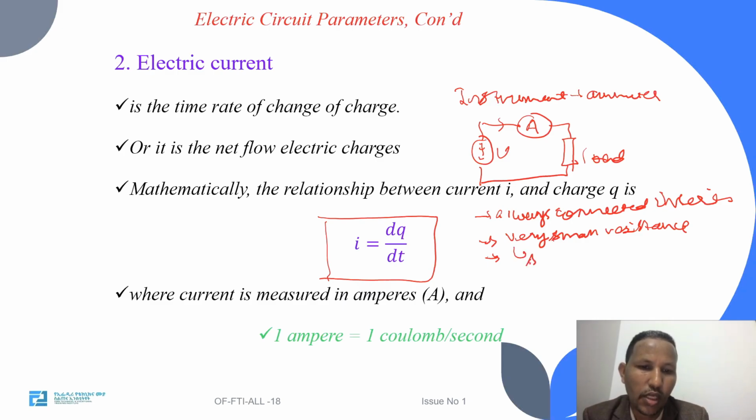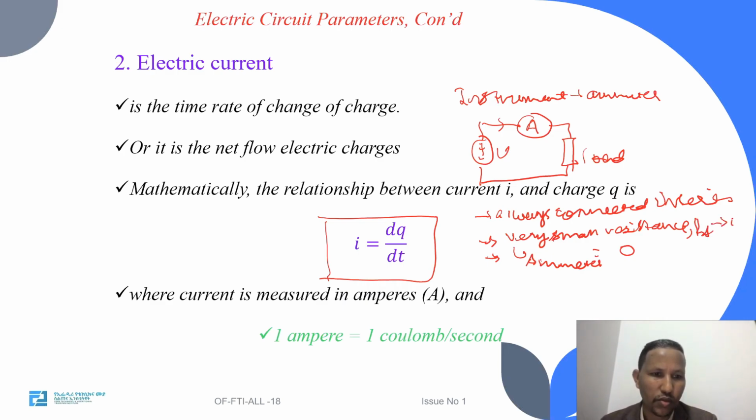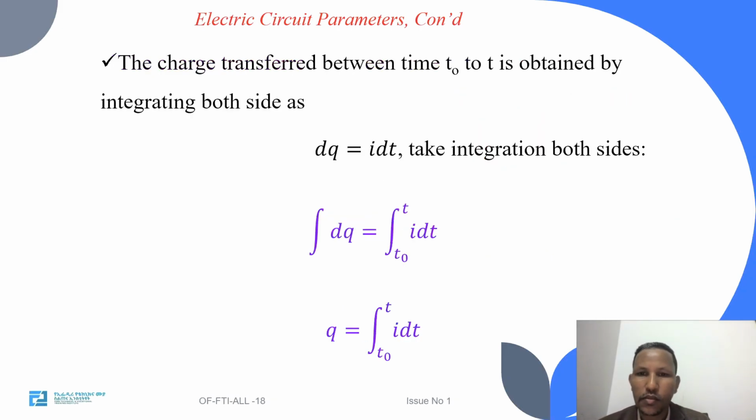V ammeter equals 0, because it has a very small resistance. That means R_A approaches 0, okay. That's why it is connected in series.